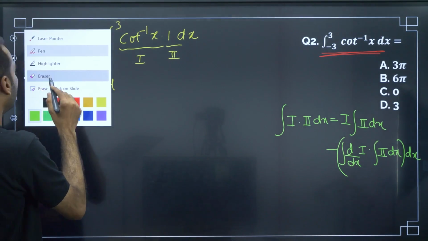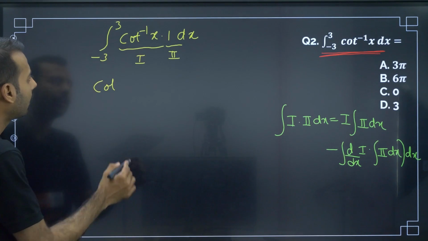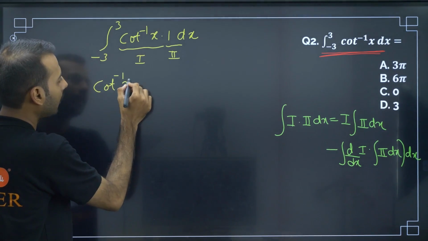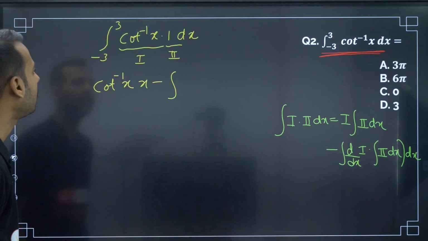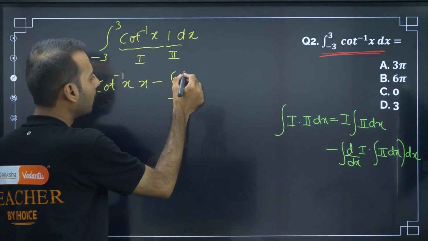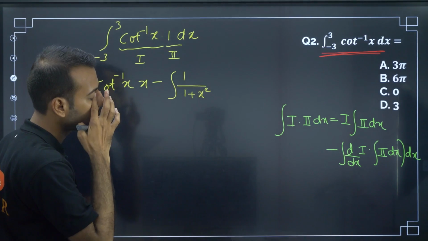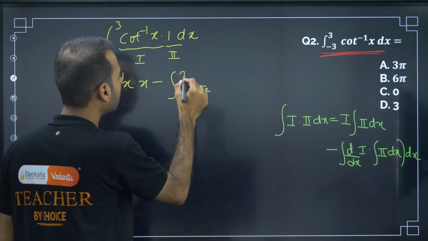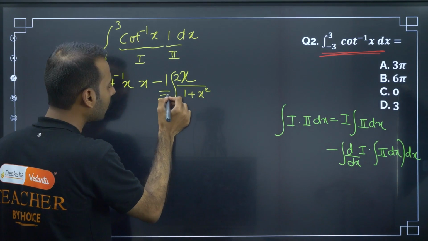In the sense, first function as it is, integration of next, minus integration: d by dx of first function is 1 by 1 plus x square, into integration of second, which is x. Let me write 1 by 2 here.